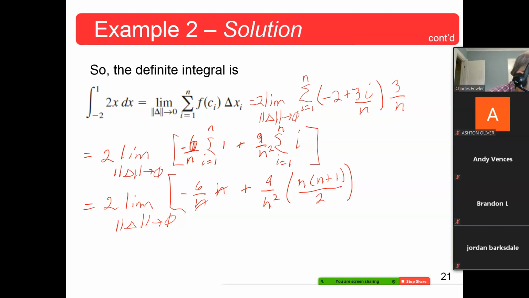The summation of, well, the first one, the summation of 1 from i to n is n. I pulled the minus 2 on the outside. And the second one, the summation of i from i equal 1 to n is n times n plus 1 over 2. All right, now we've got that done.